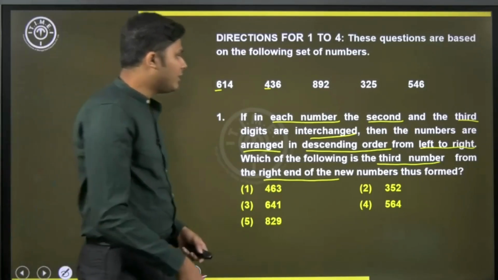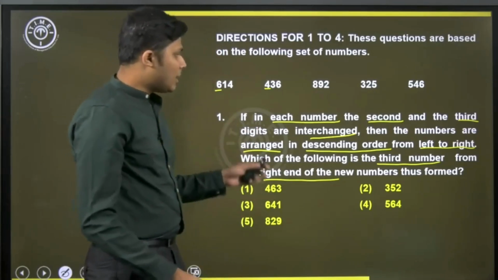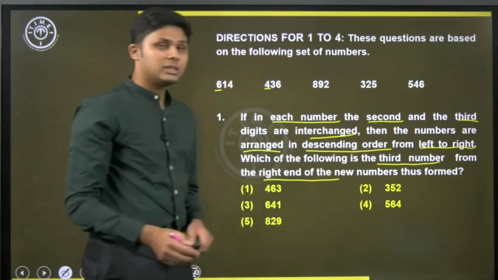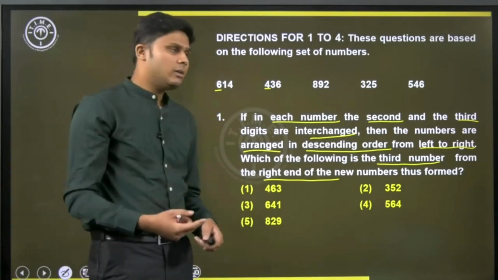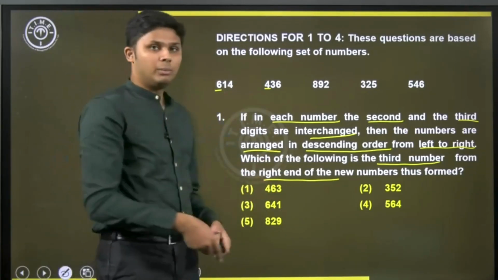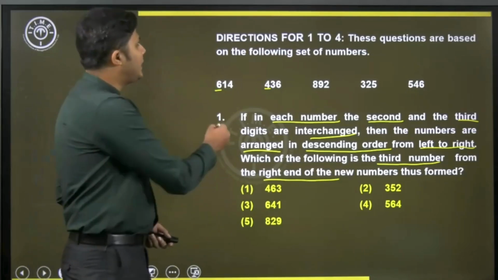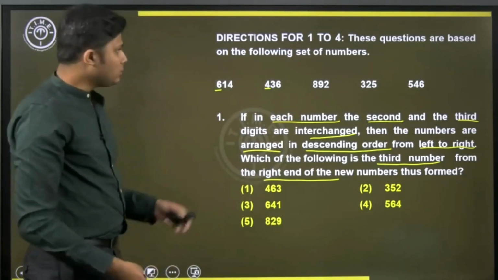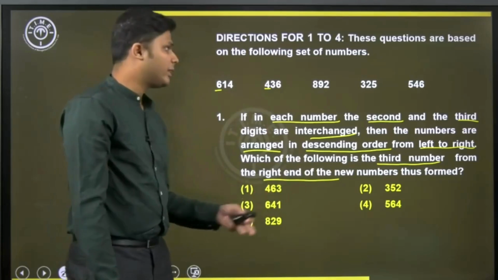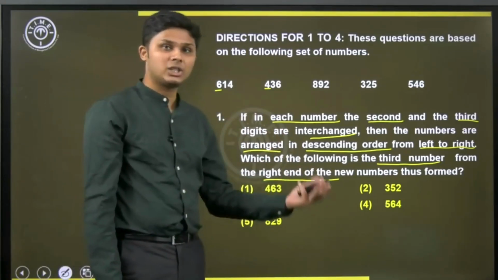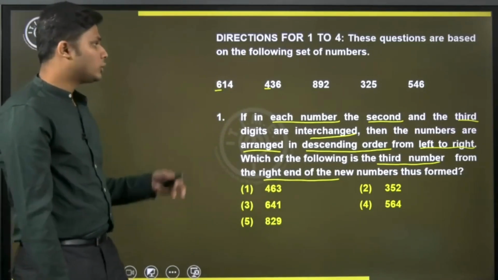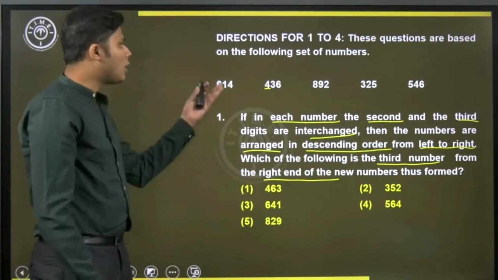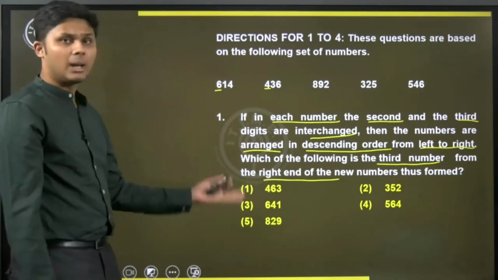Here only the second and the third digits are interchanged within each number, which means the first digit of each number would be the same. So as the first digit is not changed, we can directly check for the third highest number among them and then apply the condition to it, instead of applying the condition to all of the other numbers as well.